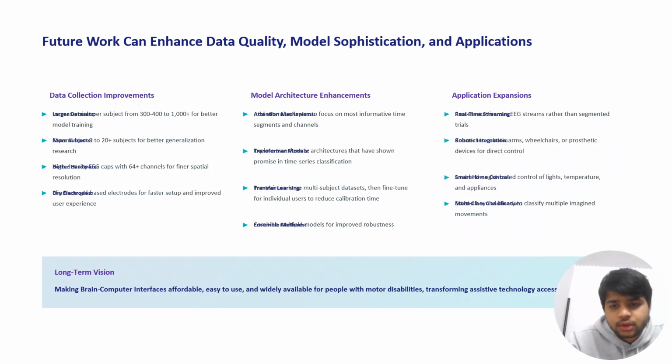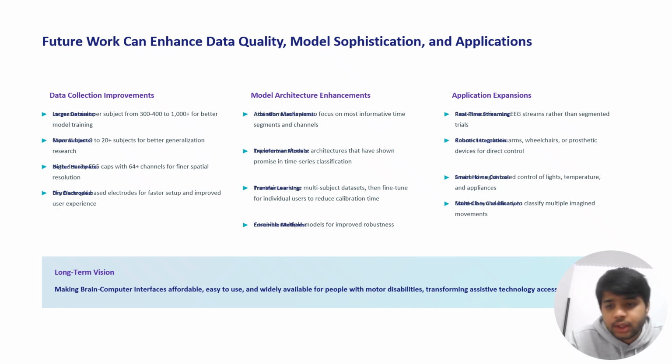Here are the future work recommendations to enhance the efficiency of the model and the pipeline. We definitely need more data, as we are just using 9 subjects. If we get more subjects, we can validate and monitor the drift of the models.